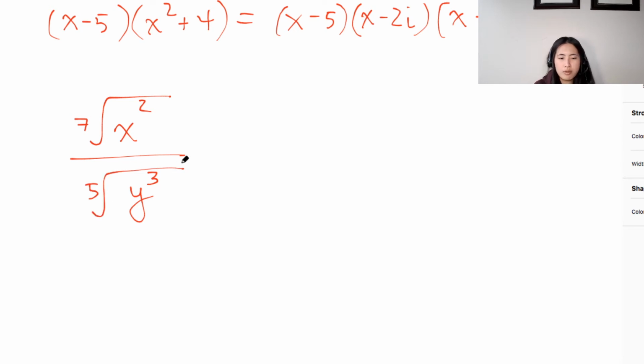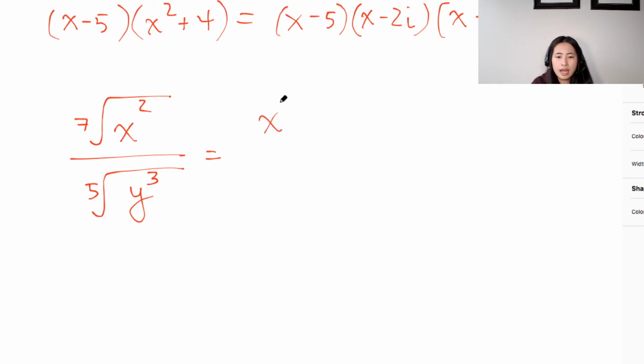Anytime you see a radical expression, just focus on your numerator. Don't get overwhelmed just by looking at the fraction. Whatever is inside your root would be your numerator. So a radical expression would have an exponent that is in the form of a fraction.